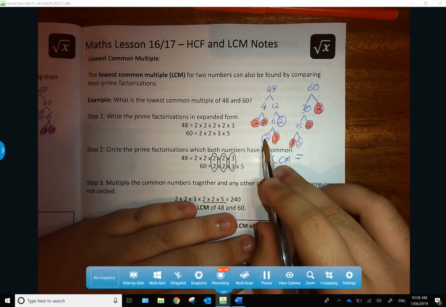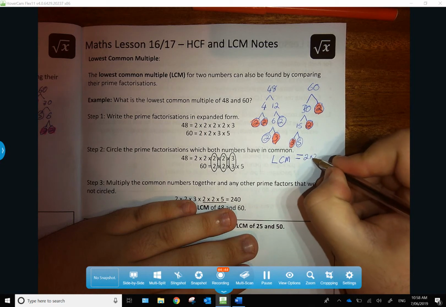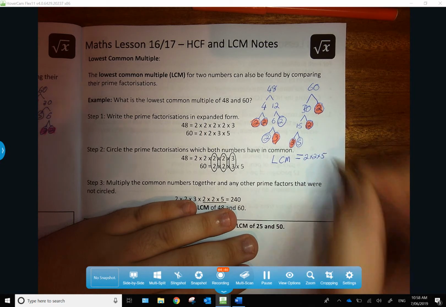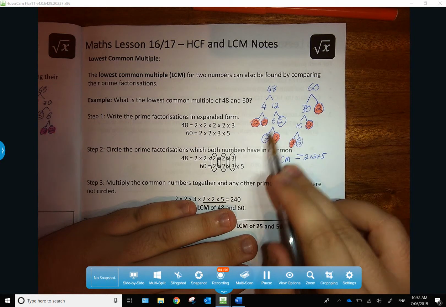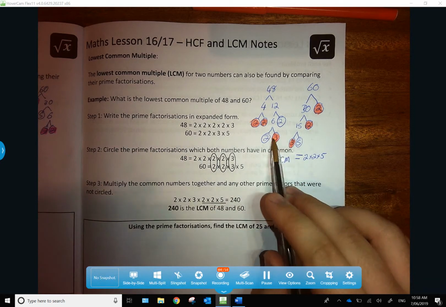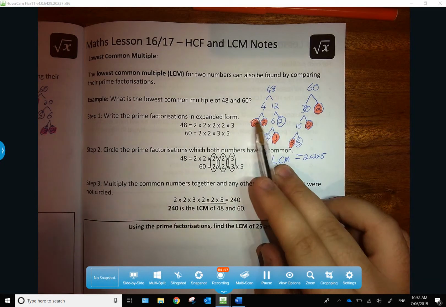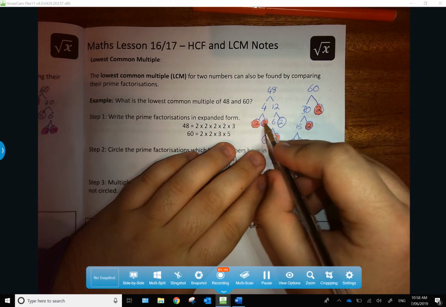So what digits do we have there? 2, 2, and 5. So 2 times 2 times 5. Okay, so those are all the ones that are unpaired in both of the trees. And then only one of the trees that is highlighted. So then I still need to add to that 2 times 2 times 3.